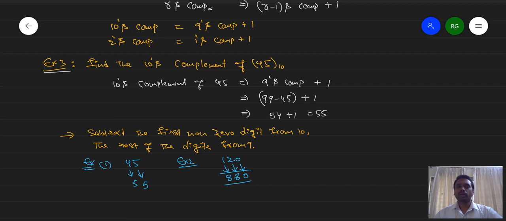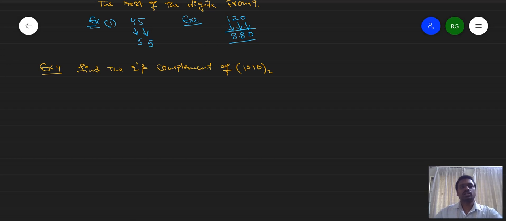So similarly, we can find the 2's complement of a binary number as well, with an example. Let us see that. You can see in this example 4, we've been asked to find the 2's complement of the binary number 1010, right?